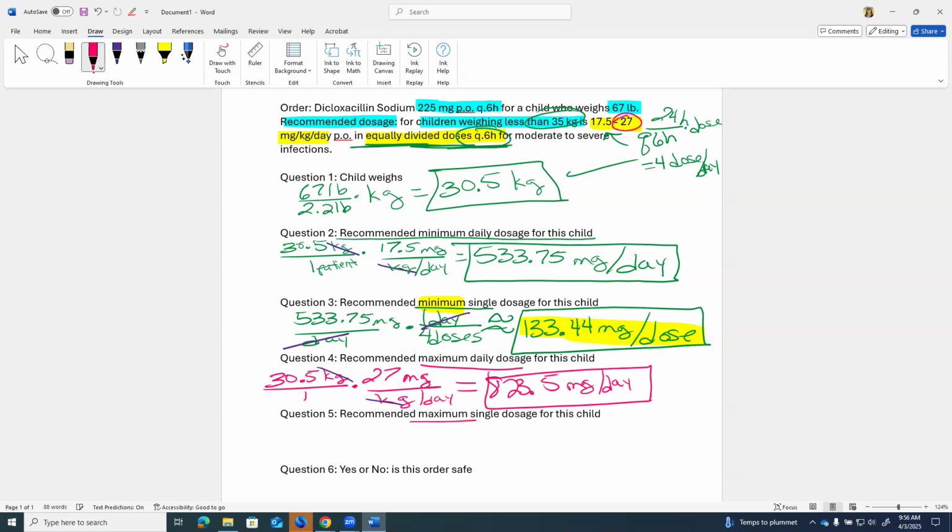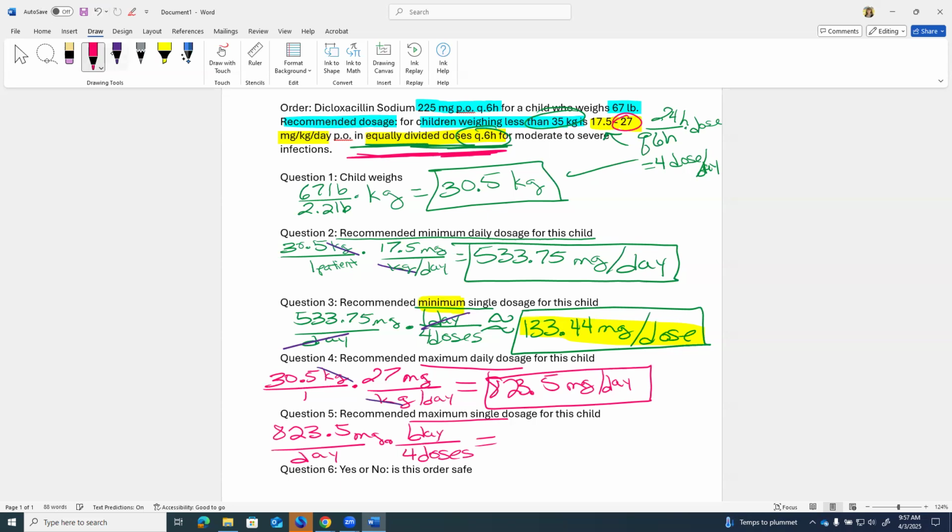And the next one says maximum single dosage. So I'm going to take 823.5 milligrams per day. Again, we apply equally divided doses every 6 hours. I know that in one day is 4 doses.